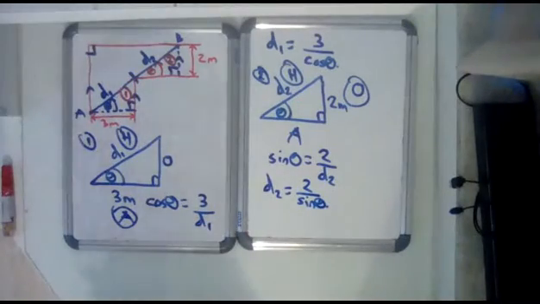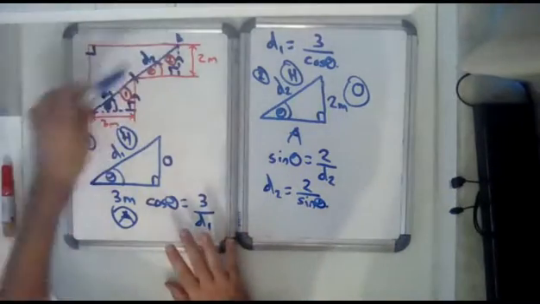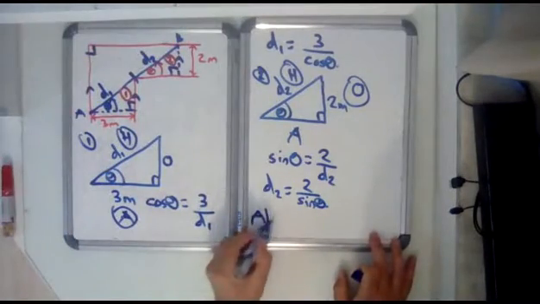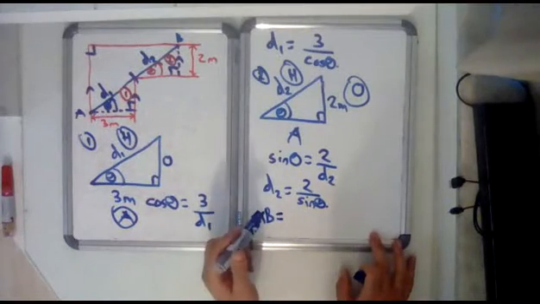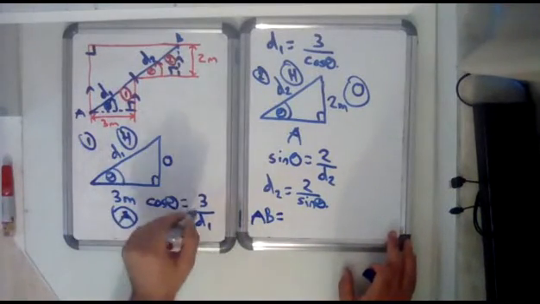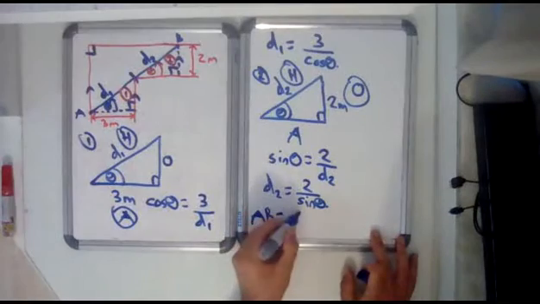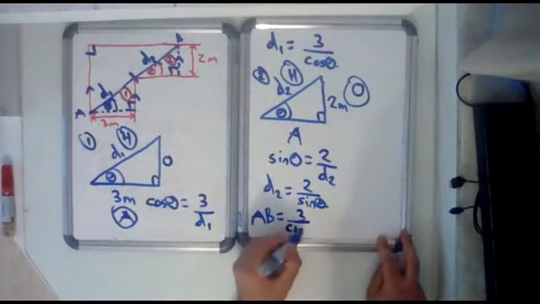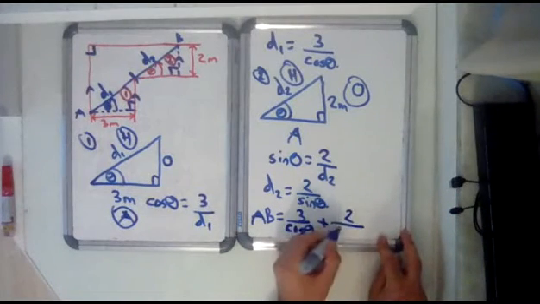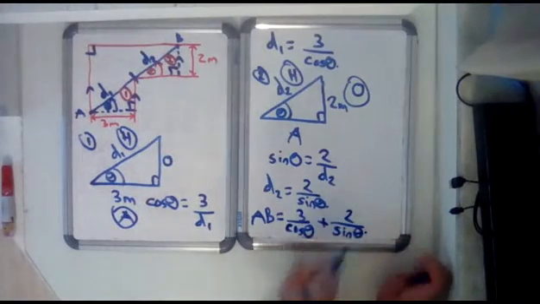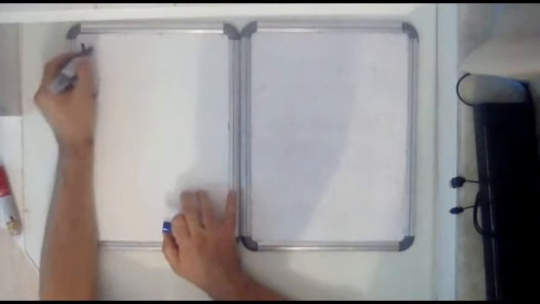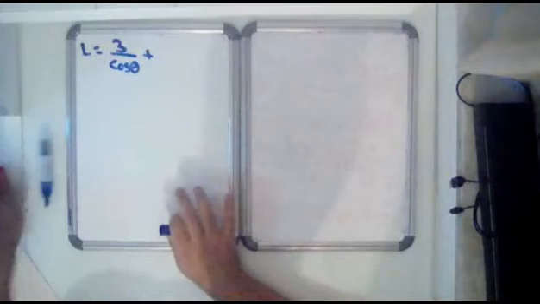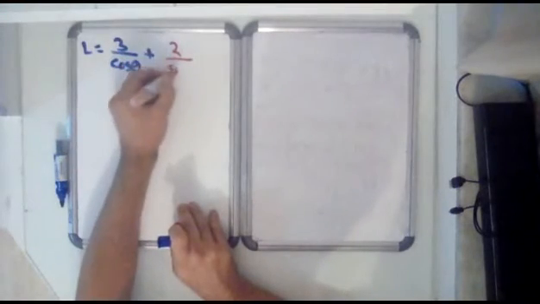So the length of AB is D1 plus D2, so AB equals D1 plus D2, which is 3 over cos theta plus 2 over sine theta as required. L, which was AB, so L equals 3 over cos theta plus 2 over sine theta.